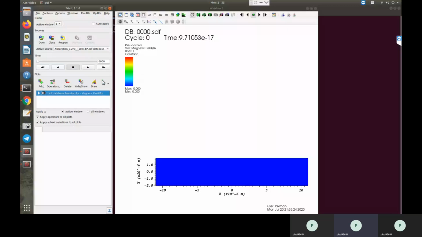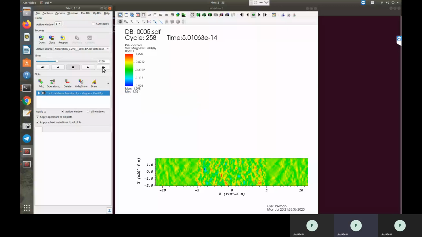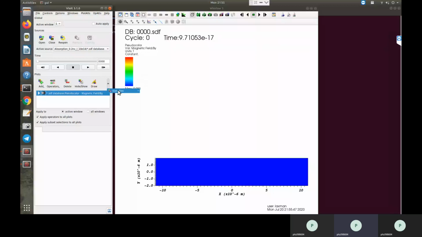Let's see the magnetic field component along the y direction. This is much like the electric field component in the x direction. Now let's plot the magnetic field along the z direction.